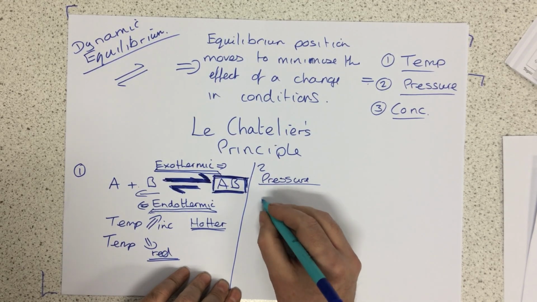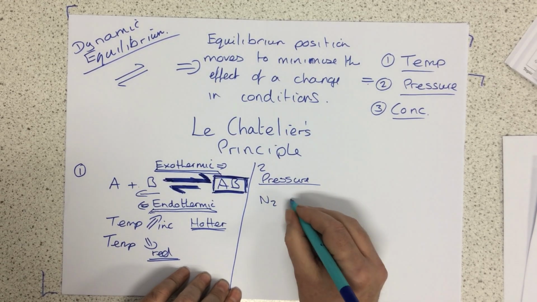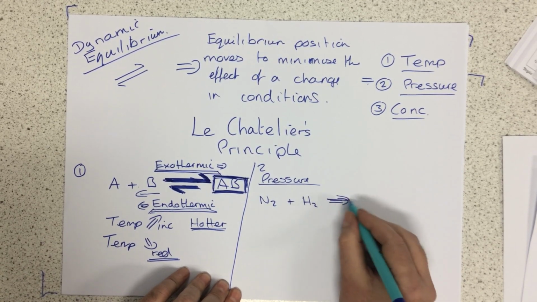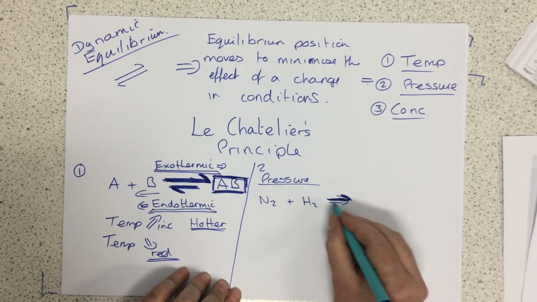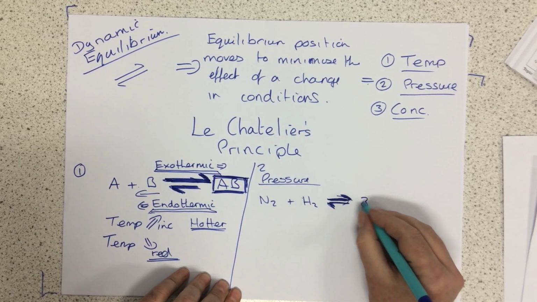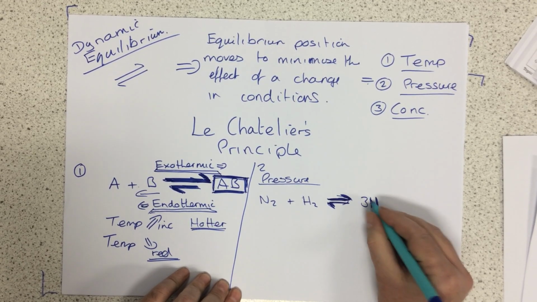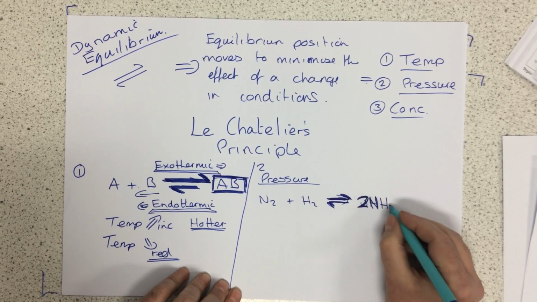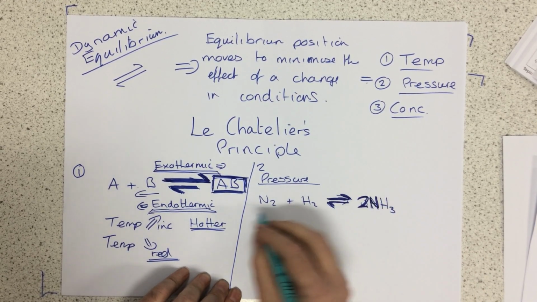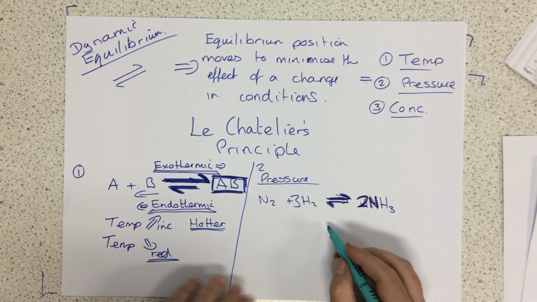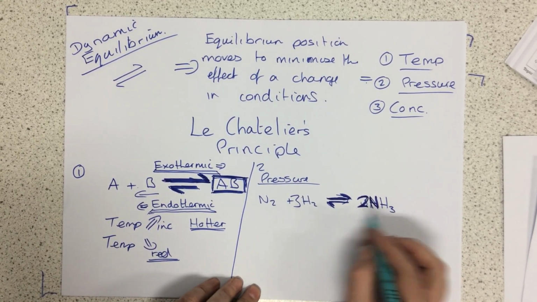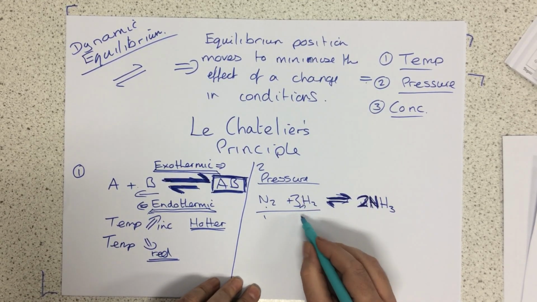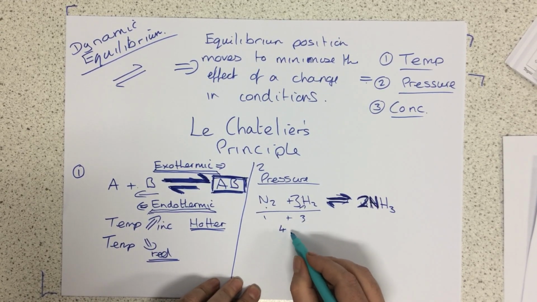We have some nitrogen, N2, plus some hydrogen, H2, and remember it's a reversible reaction, making ammonia, 2NH3. When we look at the reaction of these gases, on this side of the equation we have 1 molecule of nitrogen and 3 molecules of hydrogen, making 4 molecules.